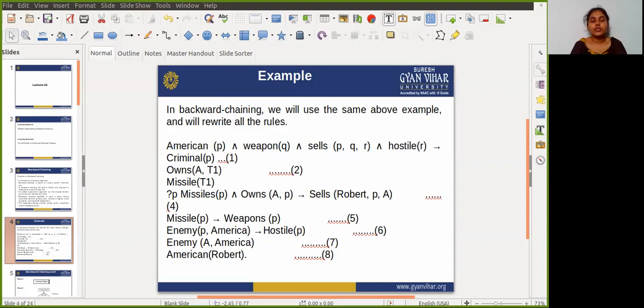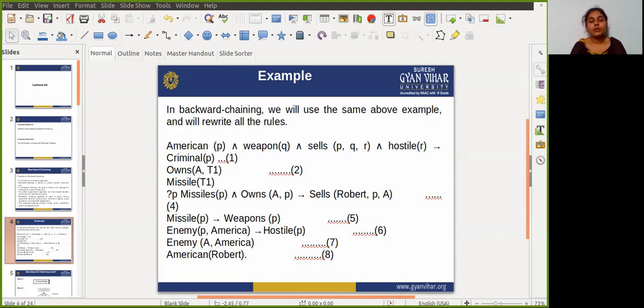This one is the first statement in backward chaining. Next, the second statement is Owns(A, T1), where you replace A from T1, and next Missile(T1), and after that Missile(P) and Owns(A, P), then Sells(Robert, P, A). Okay, this one is the fourth equation.